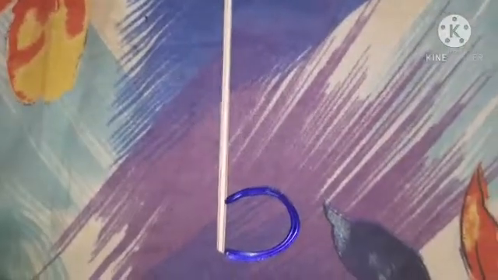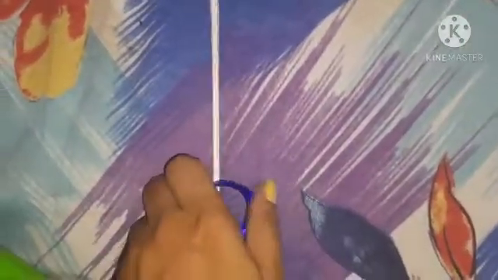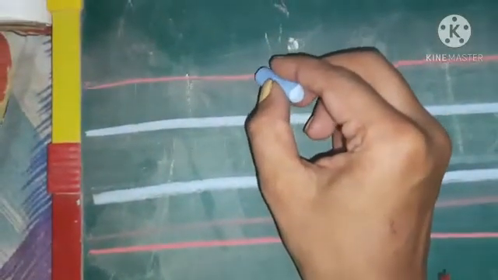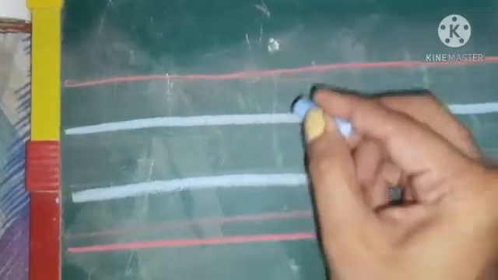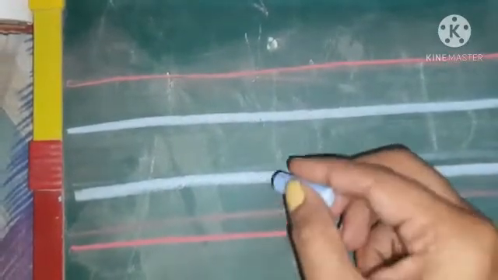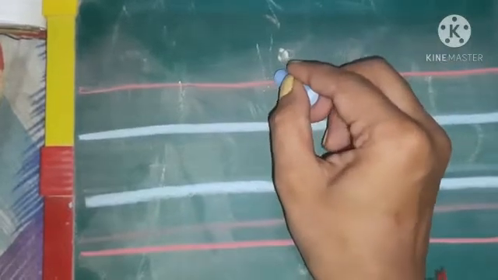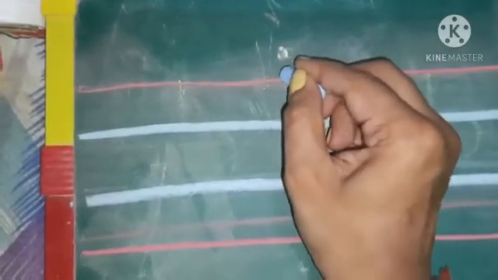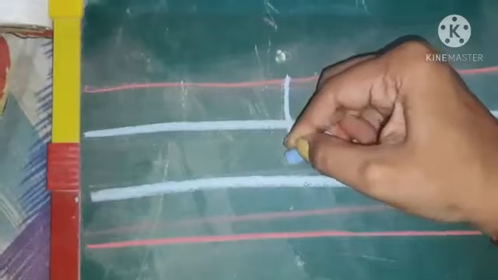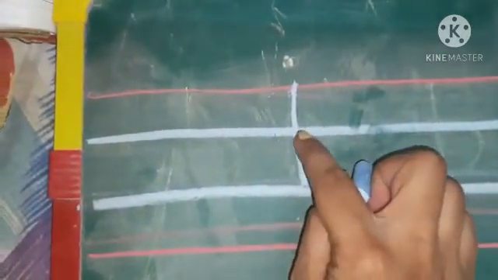Okay. Now students, how to make letter B? First line, second line, third line and fourth line. First you have to start with the upper red line till the blue line, a standing line. Then from the second line take a semicurve.